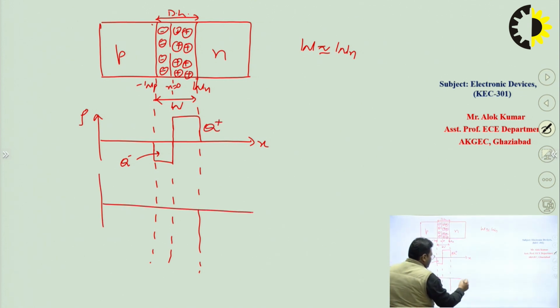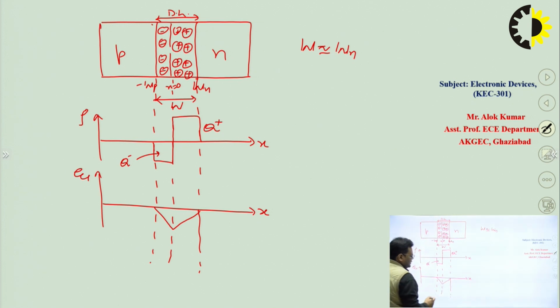Using the Poisson equation, we can draw the electric field also. So the electric field we can draw like this. As we have assumed that W is approximately equal to Wn, the electric field will be like this. So Wp, Wn, again here x is equal to 0, and this is the maximum value, suppose this is Em. In a similar manner, we can draw the potential also.